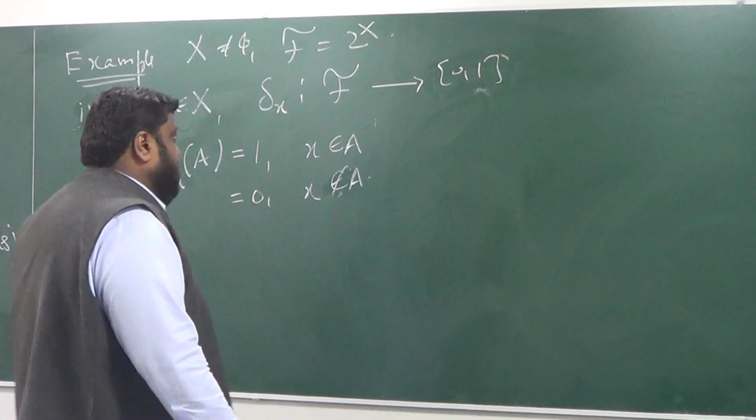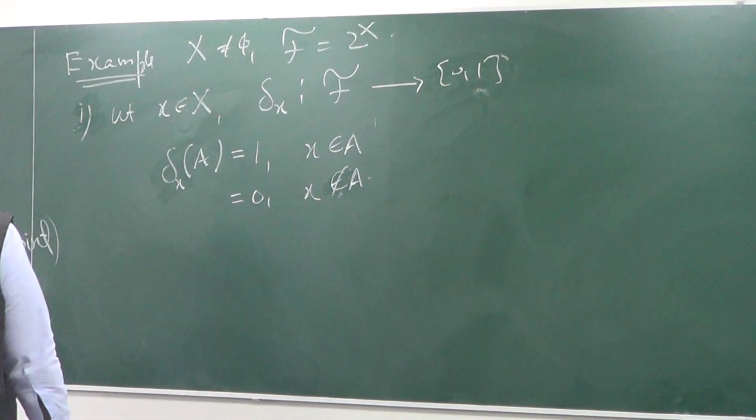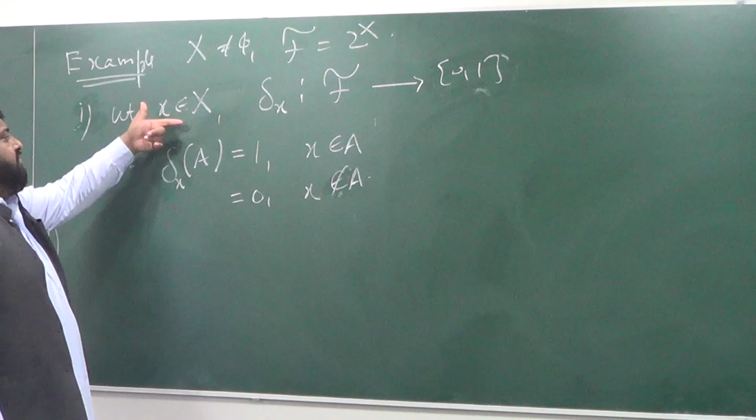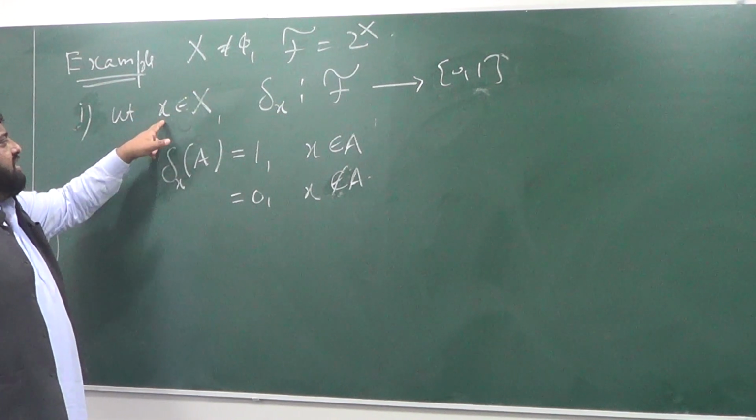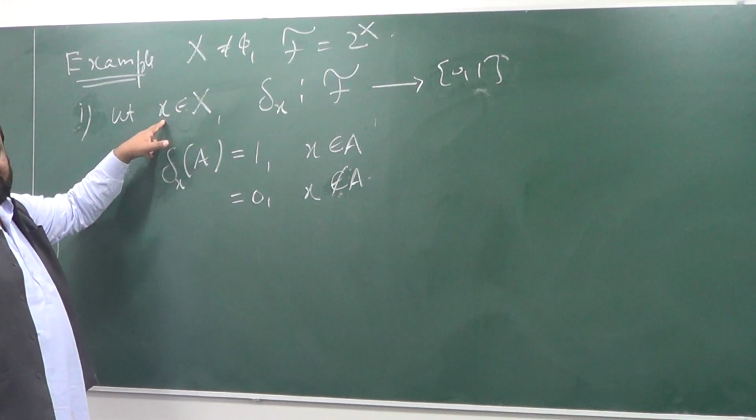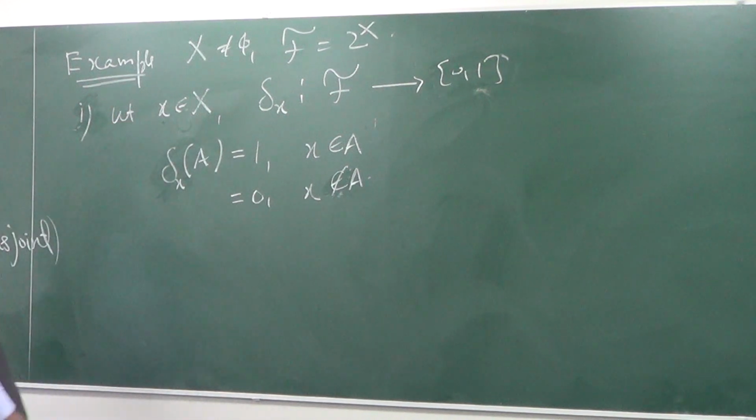Yes, I can define a measure. And then obviously you can generalize it: instead of taking x, you take a set A, and I can do something similar. But let's just stick with this at the moment.